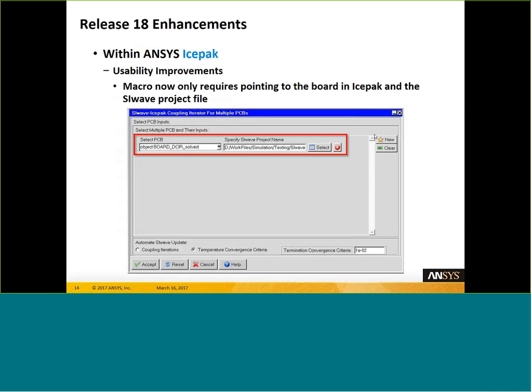So one area of improvement is in terms of usability. The macro that launches the electrothermal analysis in IcePack now only requires pointing to the board in IcePack and the SLA project file. So minimal inputs are now required at R18.